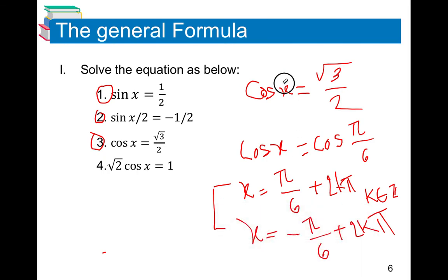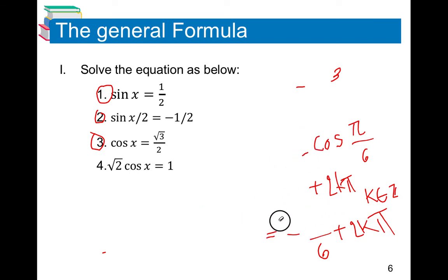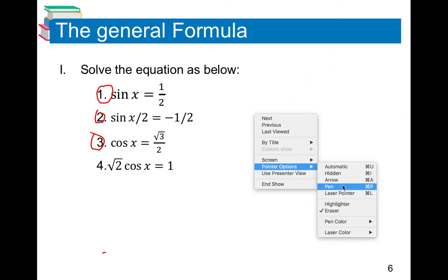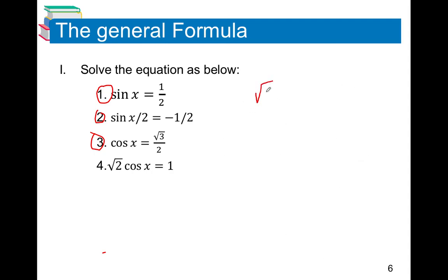But let me erase first. Okay, let me do number 4. For number 4 we have square root 2 times cos h equals 1, right? So if you want to find cos h, what will you do? We need to find cos h.